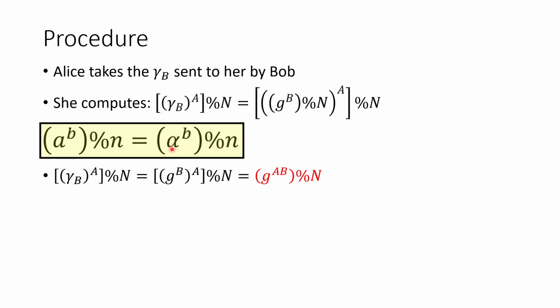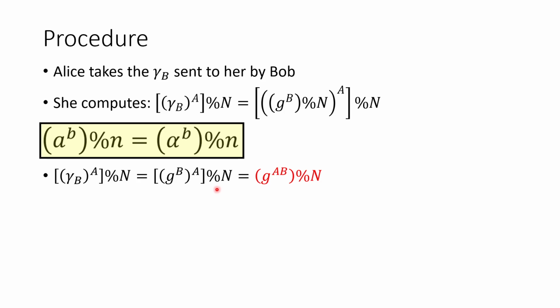So when we plug in gamma b as alpha here, this implies that the a should be g to the b. Now we know that g to the b is going to be raised to this exponent. Here it's called b, but here it's called a, so it's the same exponent.